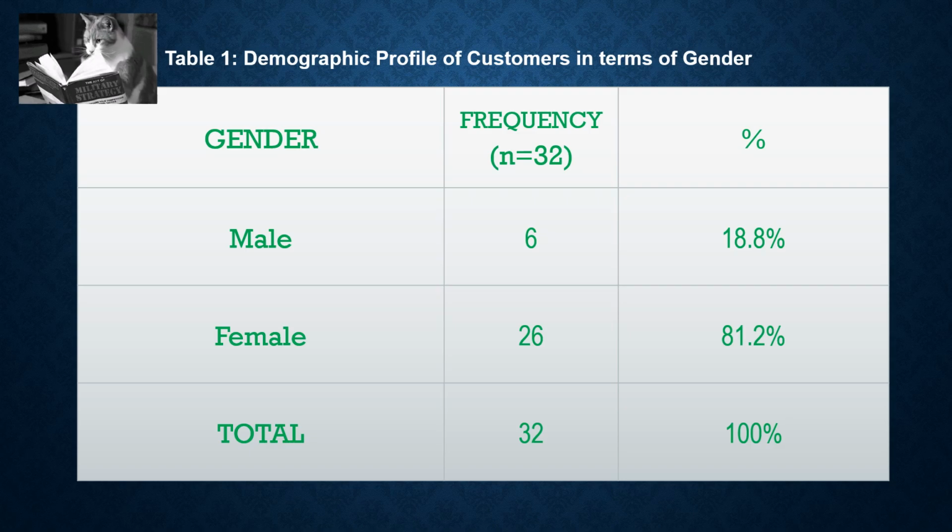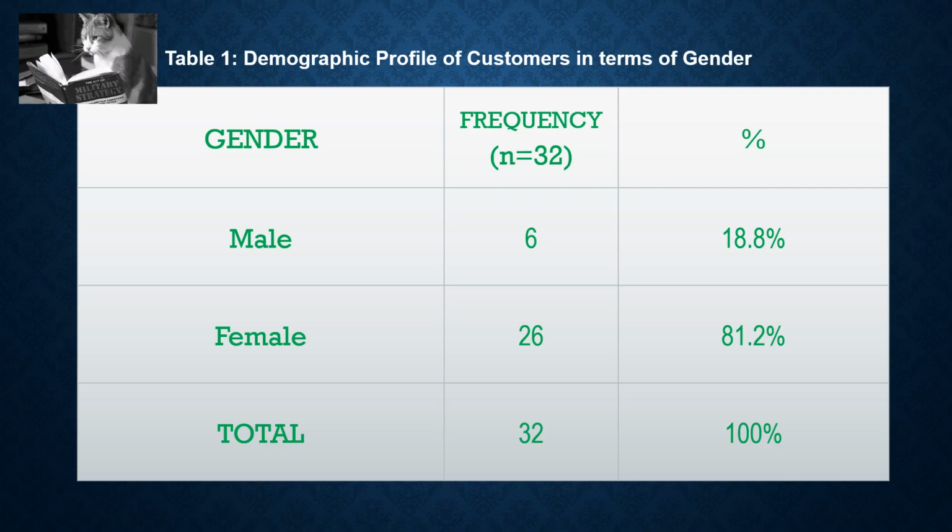If we want to solve it, just for the sake of learning, 6 divided by 32 times 100 is equal to 18.8%. While on the female side, 26 divided by 32 times 100 is equal to 81.2%.